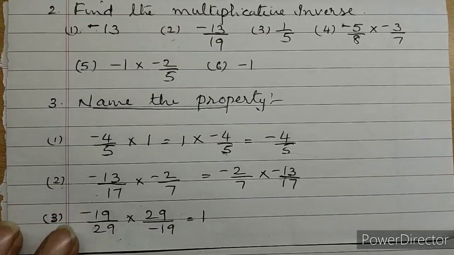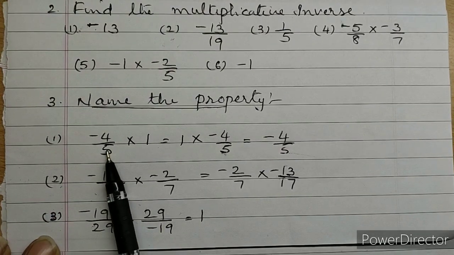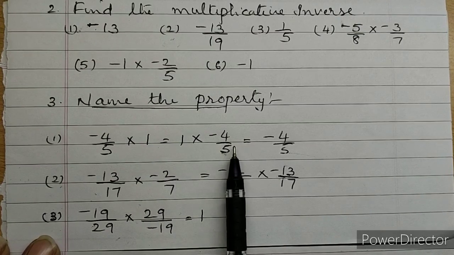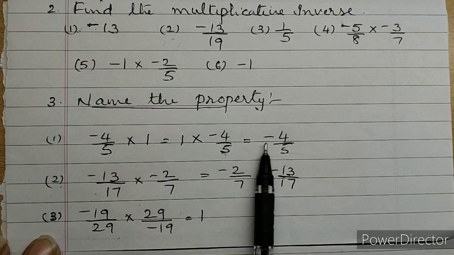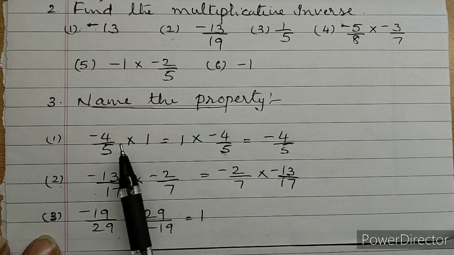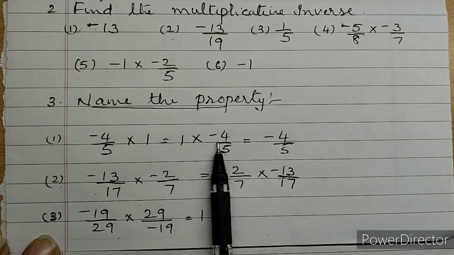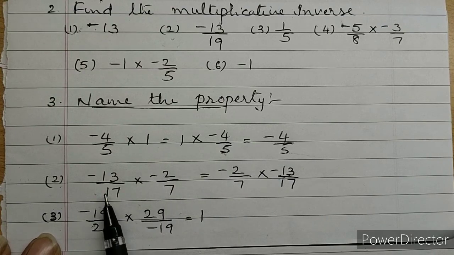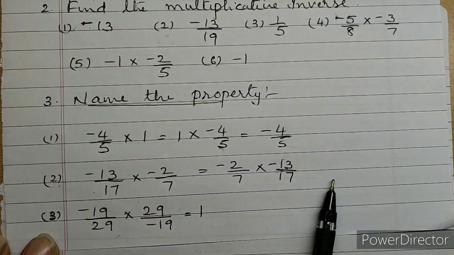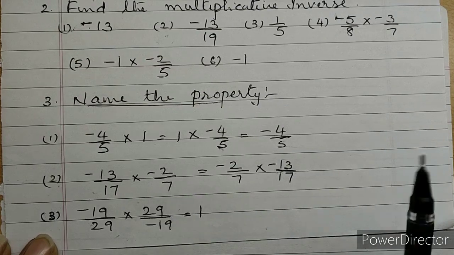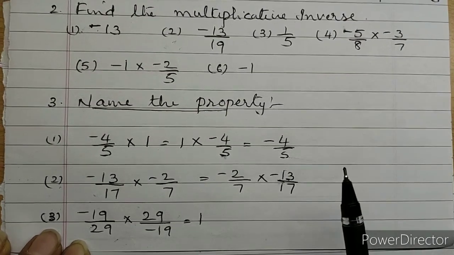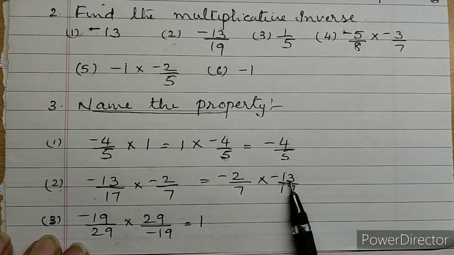Next one is name the property. Minus 4 by 5 into 1 equals 1 into minus 4 by 5, which equals minus 4 by 5. Multiplication with 1, that is the multiplicative identity. Next, minus 13 by 17 into minus 2 by 7 equals minus 2 by 7 into minus 13 by 17.